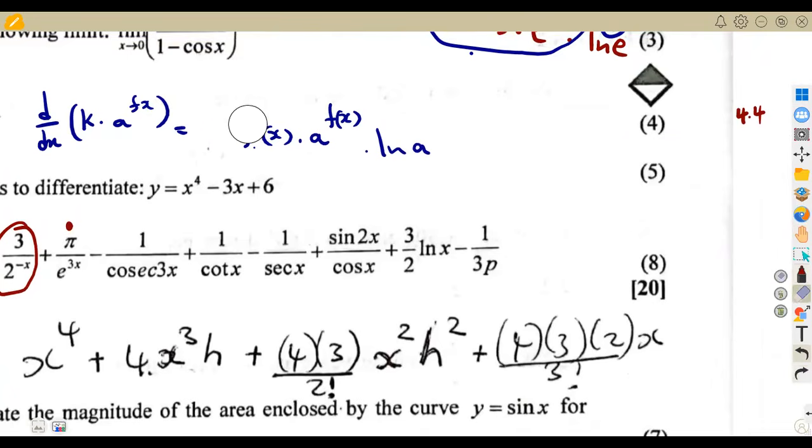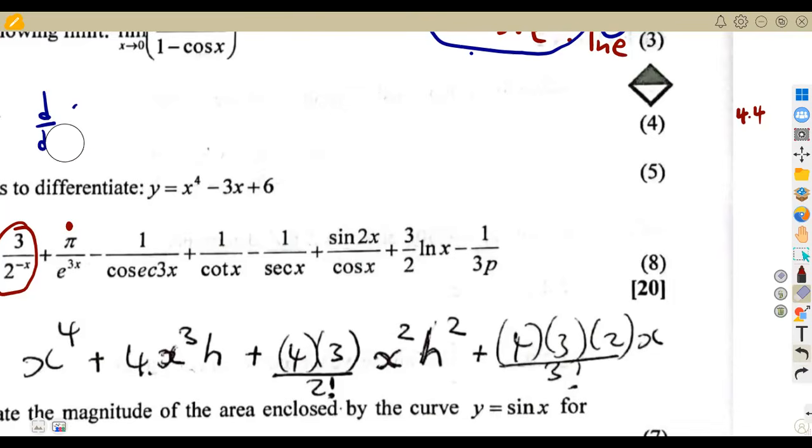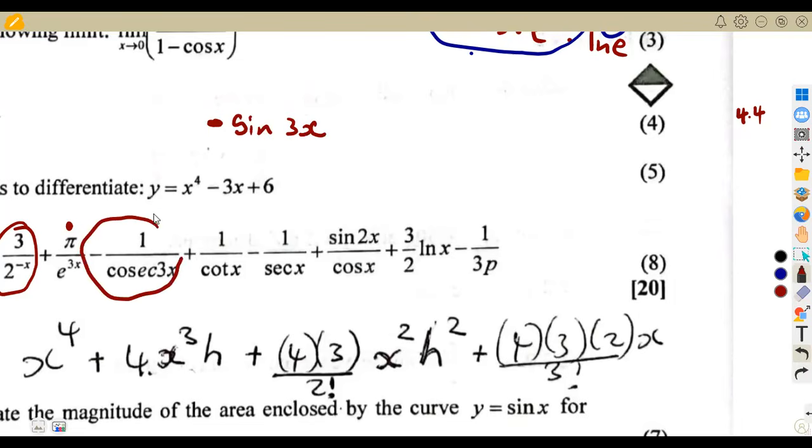So if we obtain cosec from 1 over sine, it means 1 over cosec is a sine. There's a negative there, so it's negative sine 3x. Here we are just changing this, all right?